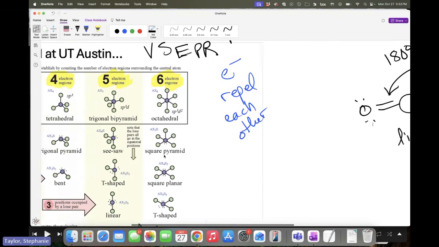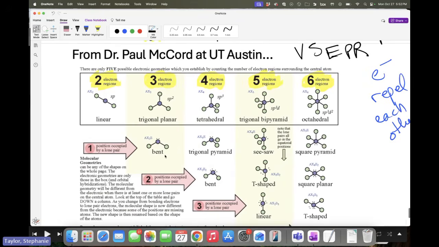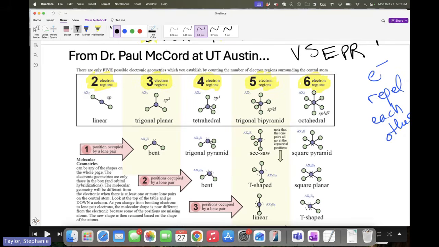That same general story, that they get as far apart as possible and now we call it this thing because that's kind of what it looks like, is how all of these work. So trigonal planar has 3 electron domains, and it is flat. Anytime you see the word planar, it shows up in a couple of places. Here's planar, and I know it's somewhere else, square planar.